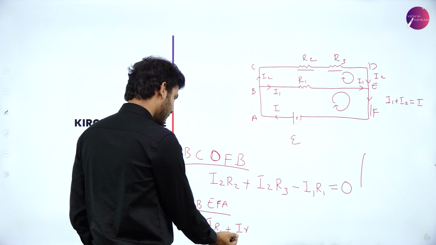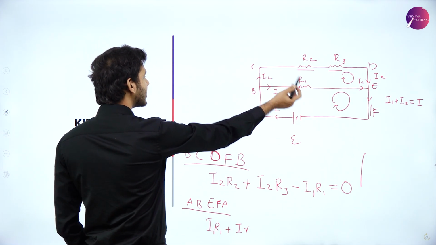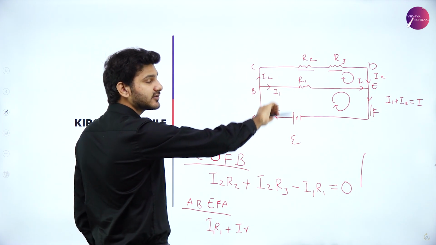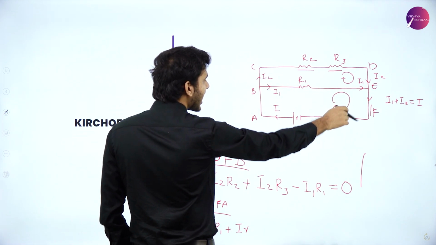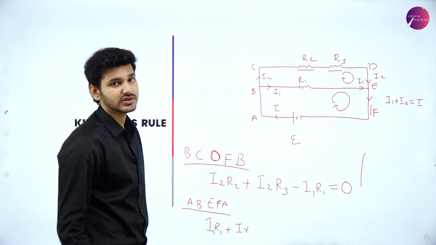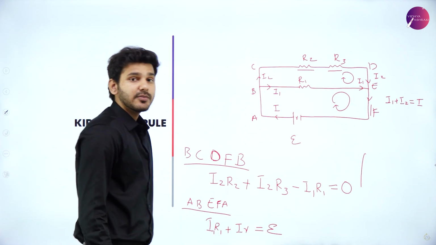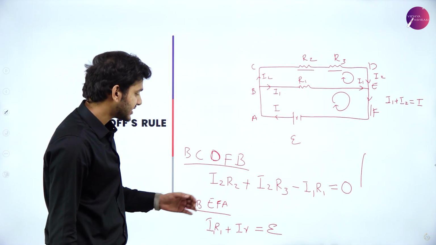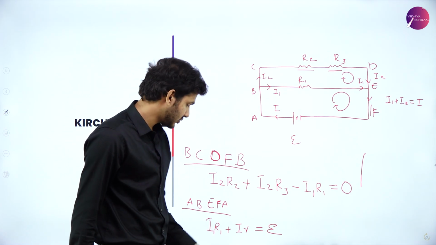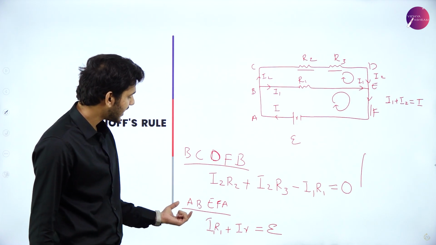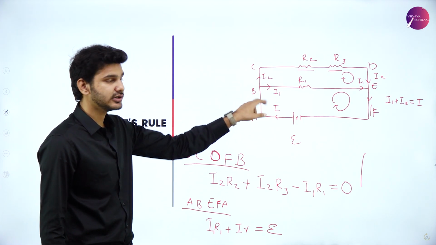So we can say that both are positive. I1 current is flowing through R1 and I amount of current is flowing through the internal resistance, which will be equal to the EMF of that particular cell, which is E, because there is a battery present here. So this will be the equation for the loop ABEFA, a closed loop.